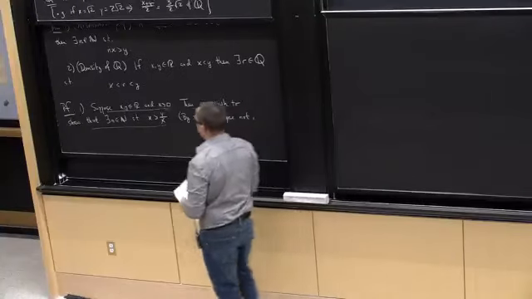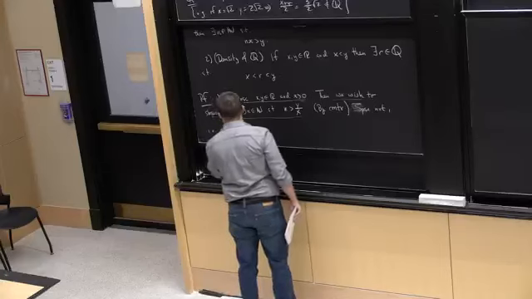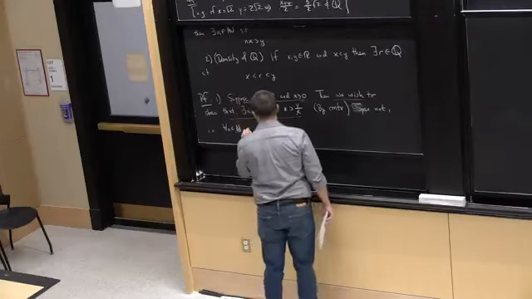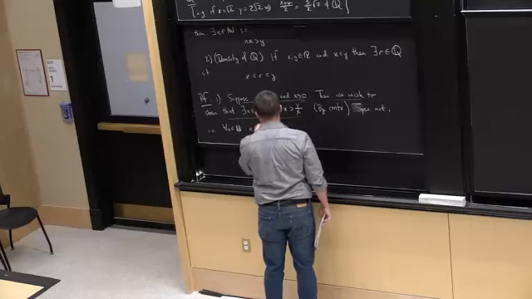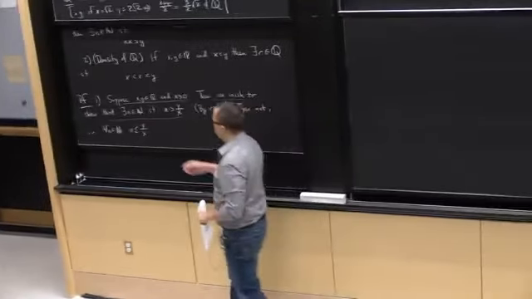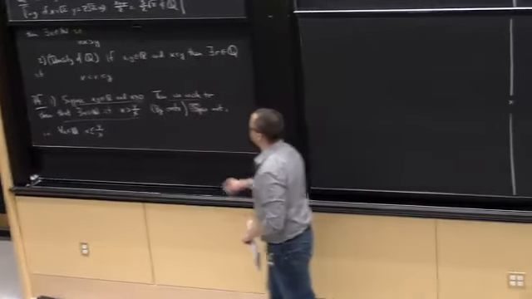Suppose not, i.e., for all n a natural number, n is less than or equal to y over x, right? That's the negation of the fact that there exists an integer that's bigger than y over x.